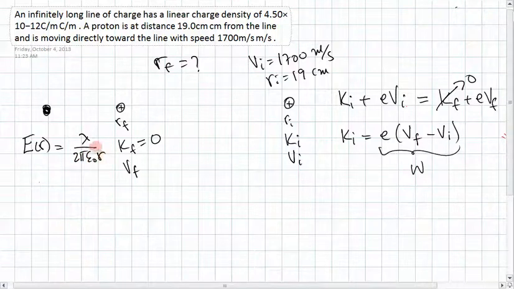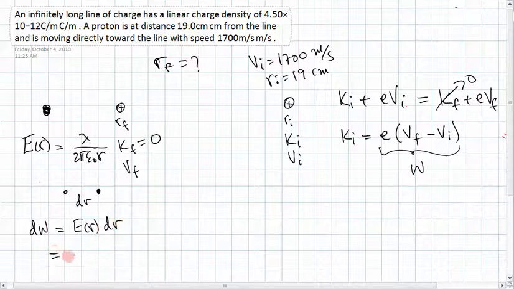And we studied this in the previous class. So if a proton moves from here to here a distance dr, the amount of work that is done is equal to the field at that point times dr, which is equal to lambda over 2 pi epsilon naught r times dr.